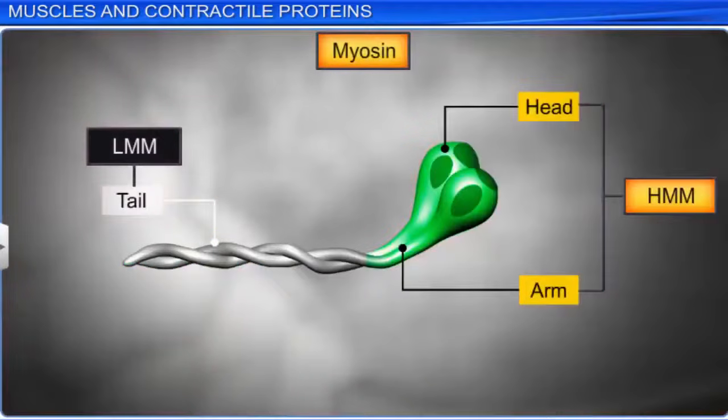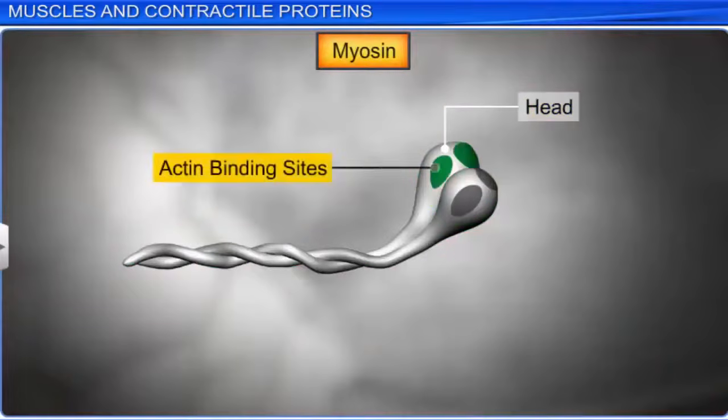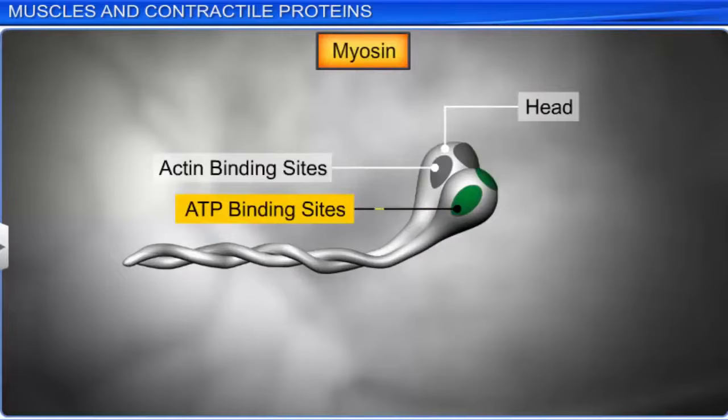The HMM component projects at regular distances at an angle from the surface of the myosin filament and is called the crossarm. The head has binding sites for actin and ATP. Additionally, it has an active ATPase enzyme that breaks down the ATP into ADP plus inorganic phosphate, thereby releasing energy.